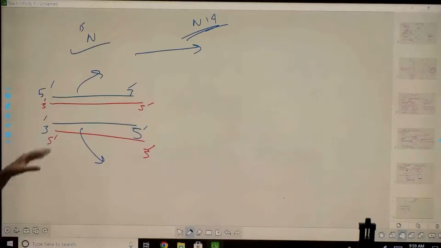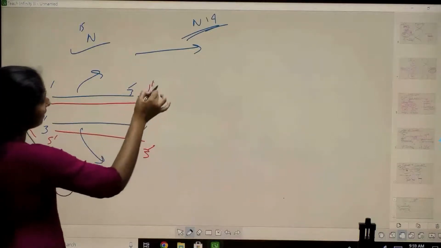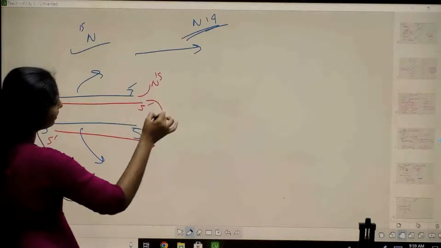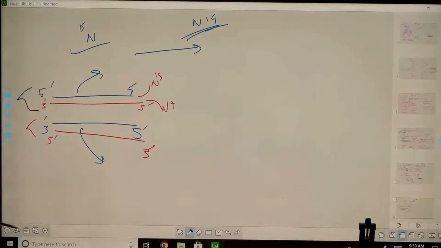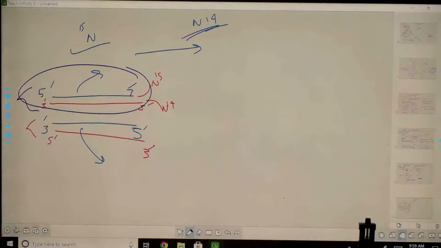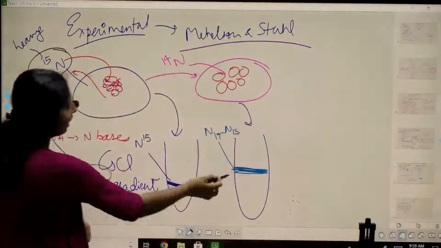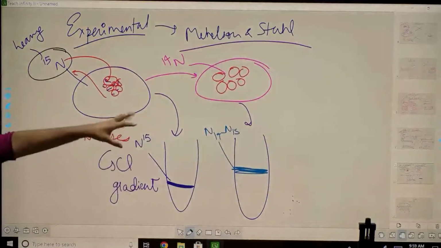So now the two strands that I'm getting as a result of replication, they are hybrids. Why hybrids? Because one strand is N15 while the other one is N14 strand, right? So I'm getting a hybrid. So their weight would be somewhere intermediate to N14 and N15. That is the reason I'm getting a hybrid N14, N15 band here.